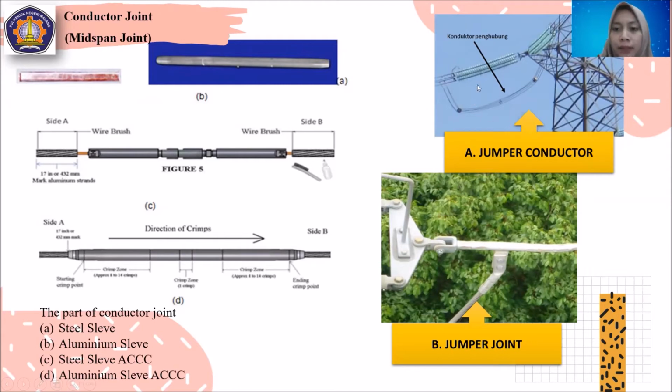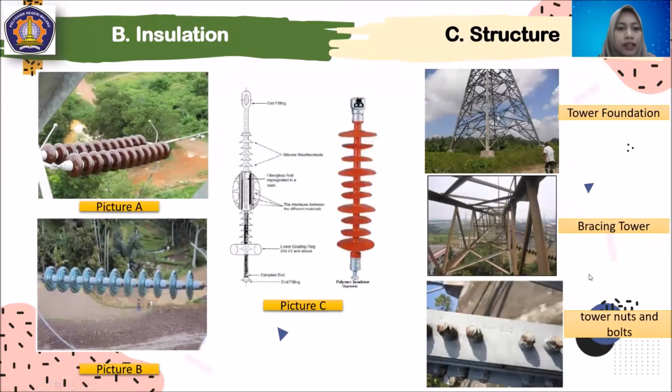And then picture A, jumper conductor. Jumper conductor is used for connecting conductors on the tension pole, and then B, jumper joint is a component between the jumper conductor and the conductor on the transmission line. And then subsystem insulation. The subsystem insulation in SUTT or SUTET is divided into 3 types.